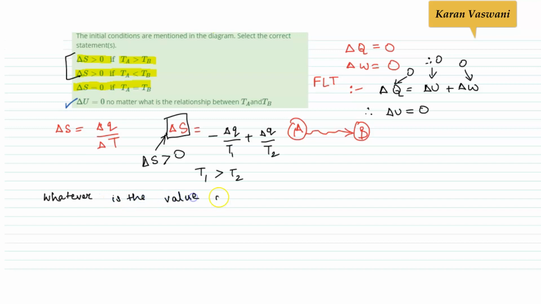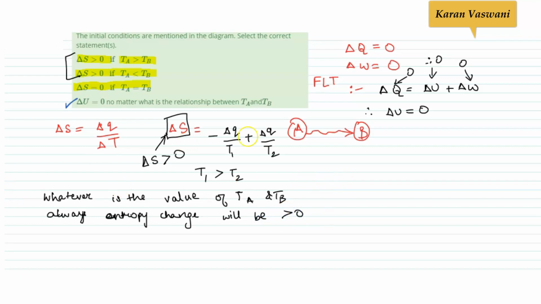Whatever the value of TA and TB, entropy change will always be greater than 0 for these ideal conditions.